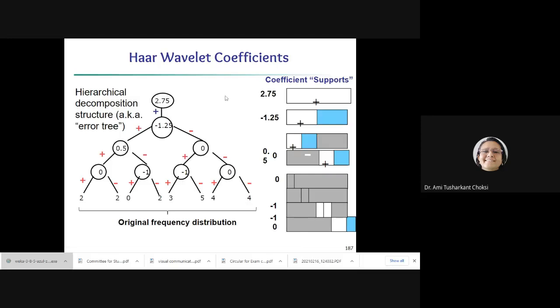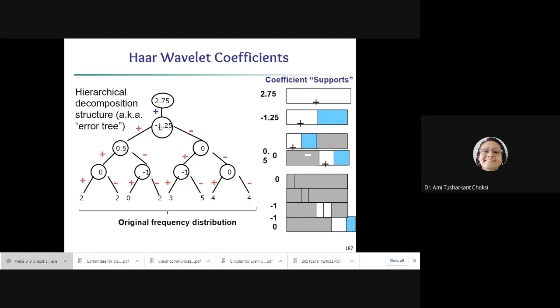Here we are showing positive values and the direction in which we go. This 2.75 is plus, this 0.5 is plus, 0 is plus. One side it is plus and the second side it is negative, not the original value.